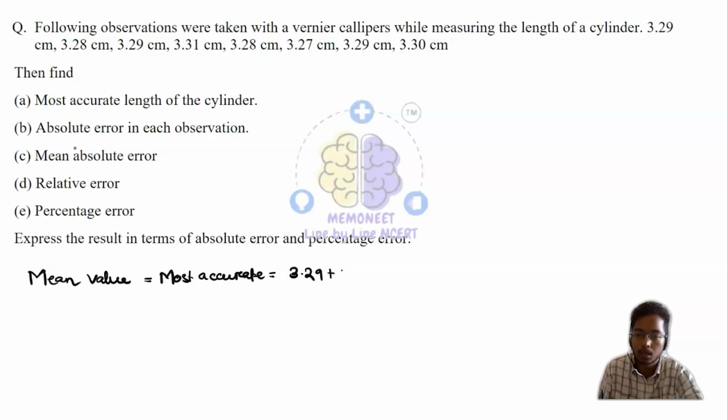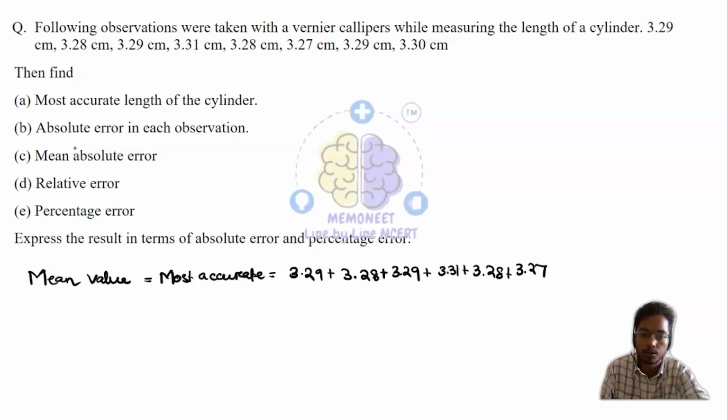That is equal to 3.29 plus 3.28 plus 3.29 plus 3.31 plus 3.28 plus 3.27 plus 3.29 plus 3.30. Okay, the number of observations is 1 2 3 4 5 6 7 8, that is 8 observations.